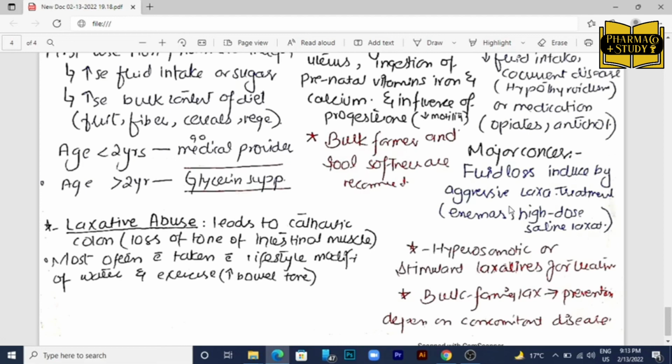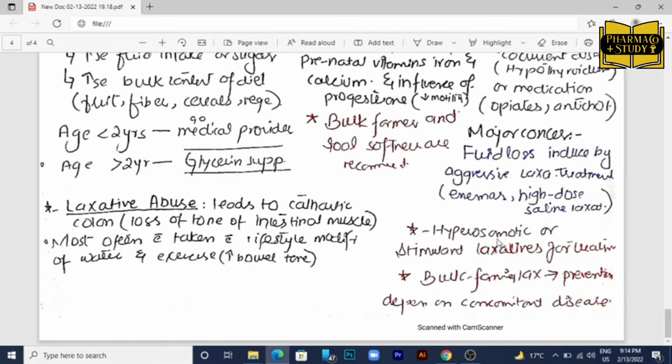This should not be done for any patient, and you should guide the patient that they should not use laxatives on a chronic basis. Enemas and high-dose saline laxatives can cause fluid loss. So what are the treatment options? The treatment options are hyperosmotic or stimulant laxatives. While treating constipation, you should go for a hyperosmotic or stimulant laxative.